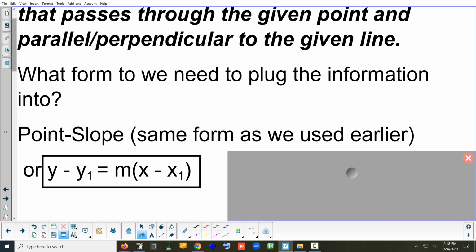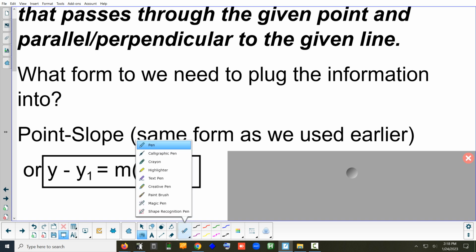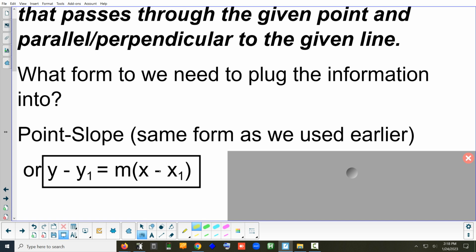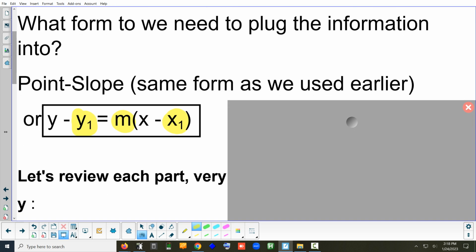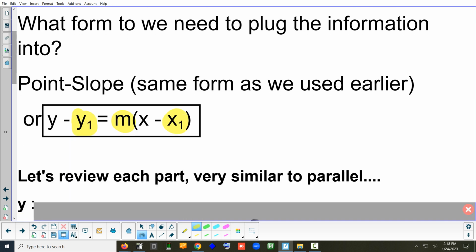So that's what you want to put in your box. And there's three things that you have to fill in for when you use this formula. The y1, the m, and the x1. You don't touch the y, the equals, or the x. You leave those the same. So let's review what happens.